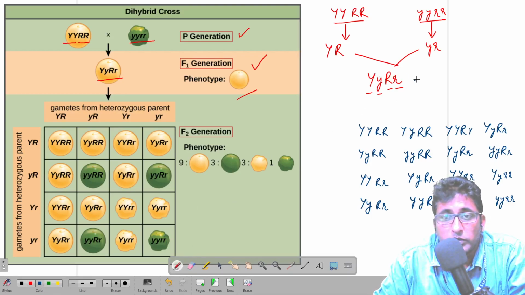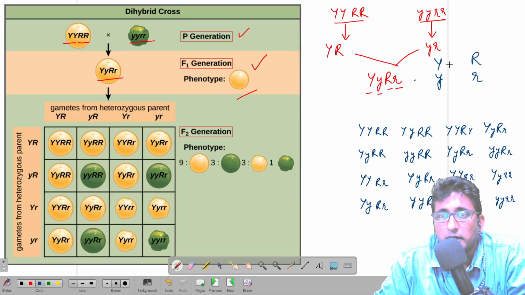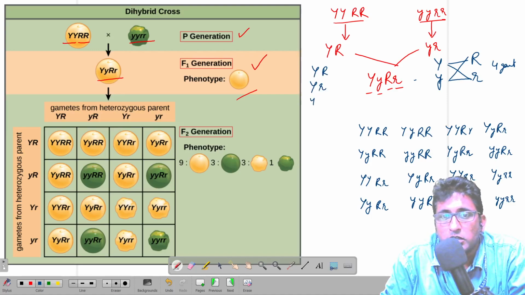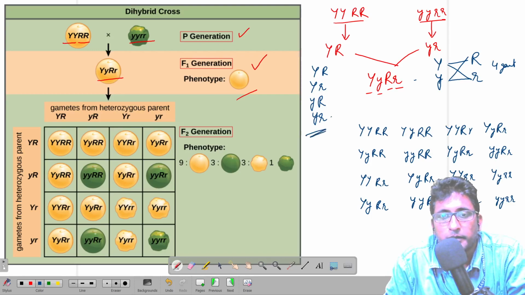As we discussed in the previous one, we would have Y and y, and we also have R and r. So we have 4 different types of gametes that would form: capital Y capital R, capital Y small r, small y capital R, and small y small r.